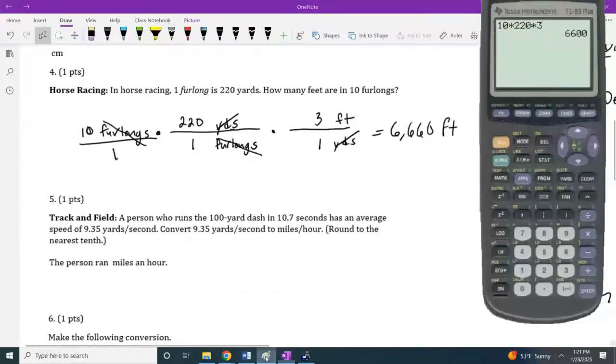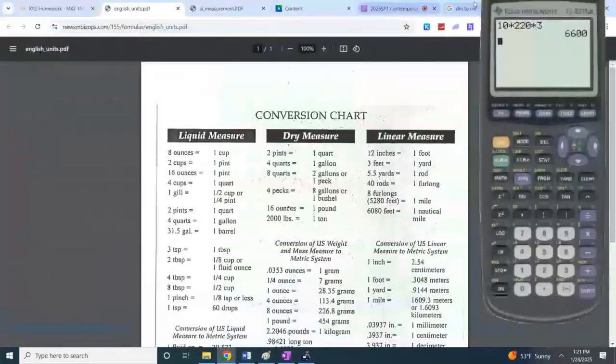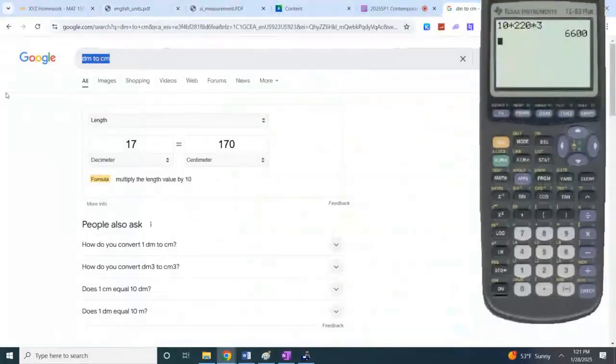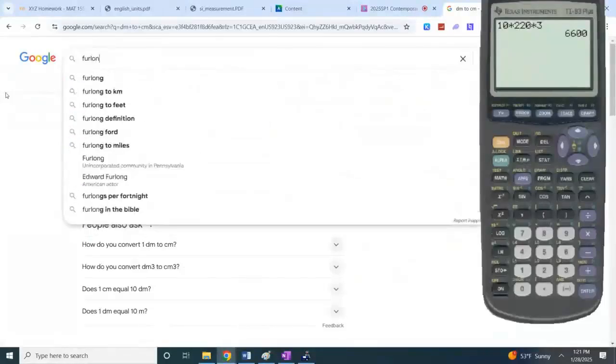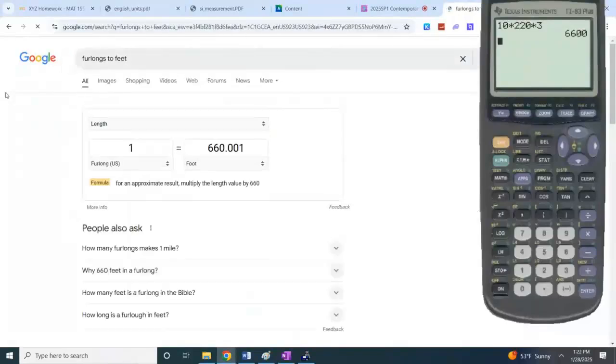So now I'm going to try the Google thing. I didn't try this one with Google. So I'm going to search furlongs to feet. So we want 10 furlongs. All right, and this is what I was saying.